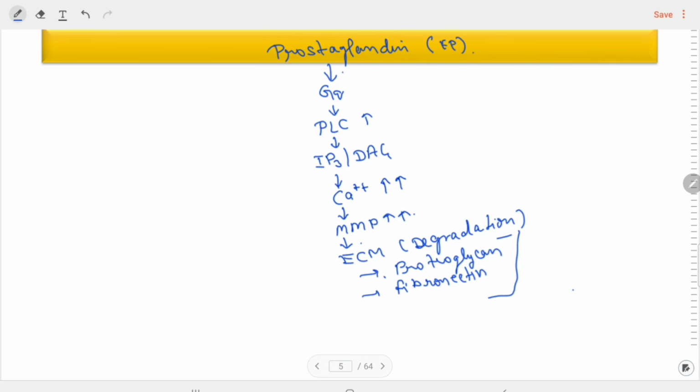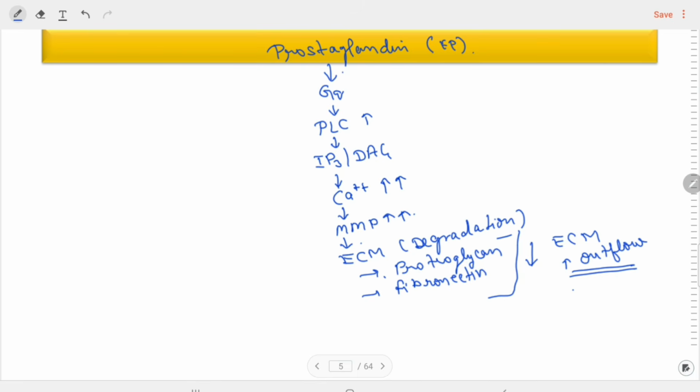So whenever the prostaglandin analogs or the prostaglandin receptors are activated, they cause the degradation of this extracellular matrix, causing increased outflow, means the area becomes less dense, and that will be helpful in the outflow of the aqueous humor.